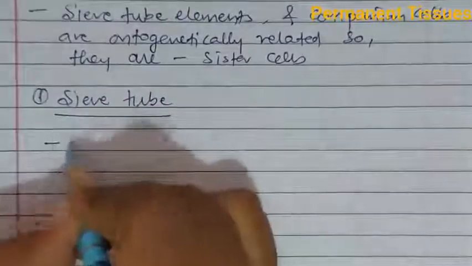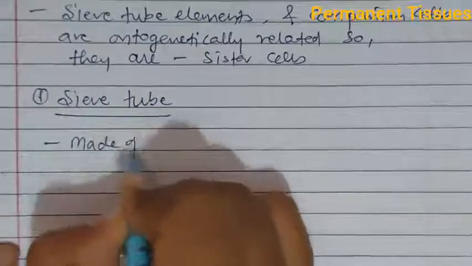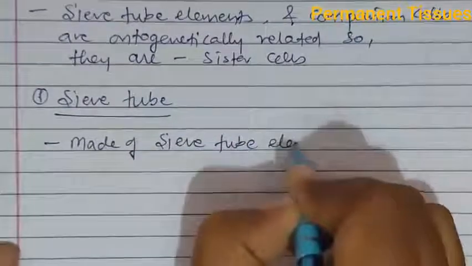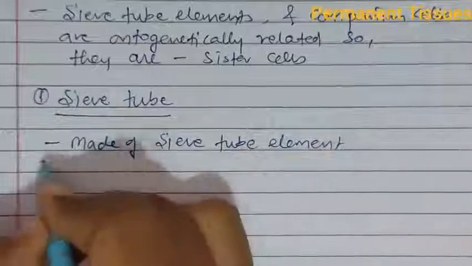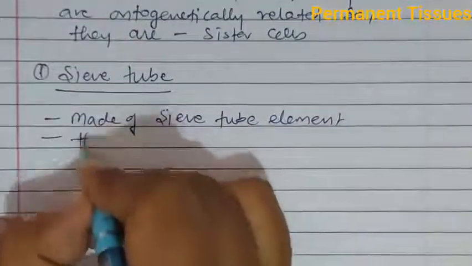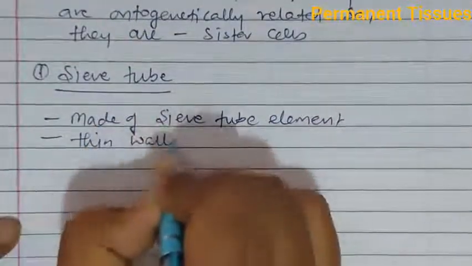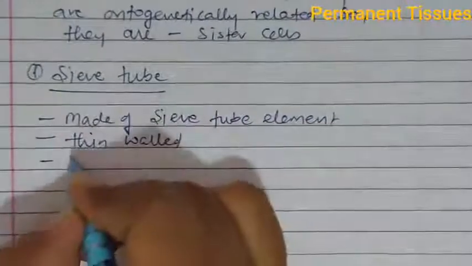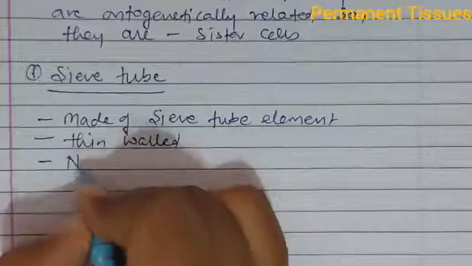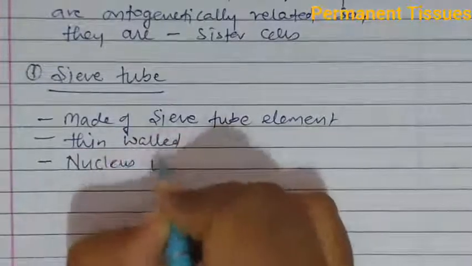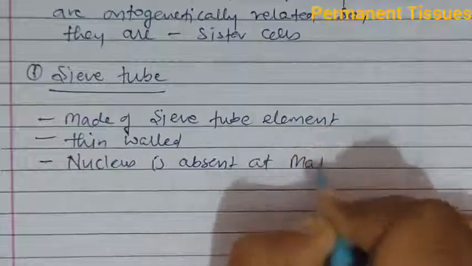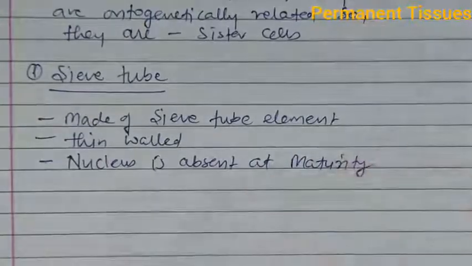Now if we talk about sieve tube and companion cell, first we talk about sieve tube. So sieve tubes are made of sieve tube elements. They are living, so they are thin walled, but the nucleus is absent at maturity, so they are anucleated.